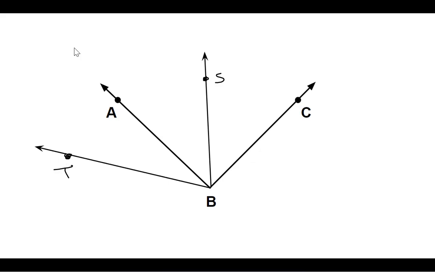We have another point, let's say U, over here, and we can make another angle. We can do this infinitely many times, but at the end, it's going to add up all together. We're going to add the value of all these angles together, and we're going to have that larger angle. So that's what it basically tells us.